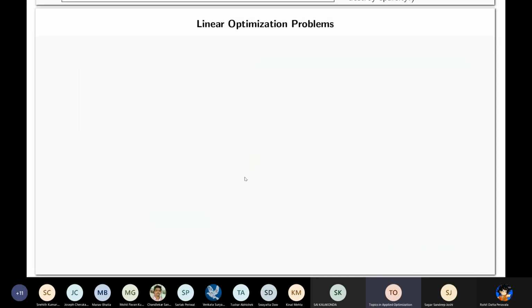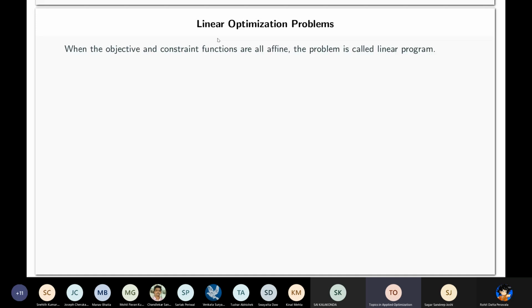So moving on, there is something called linear optimization problem. So linear optimization problem looks like the following. This is the objective here.